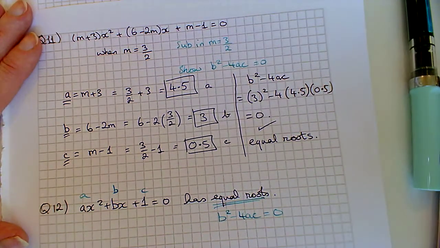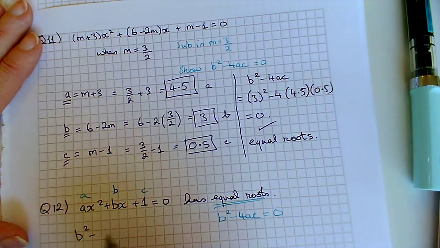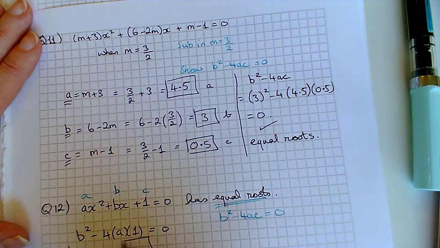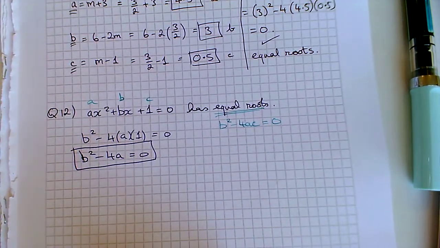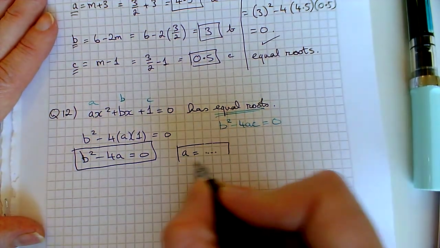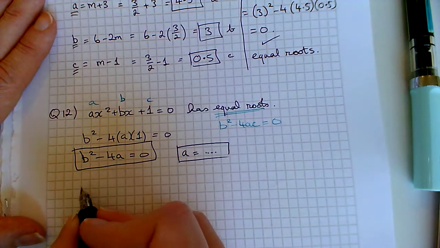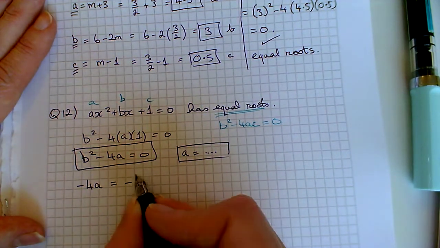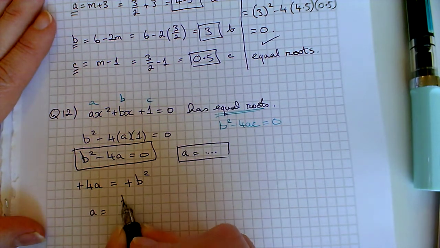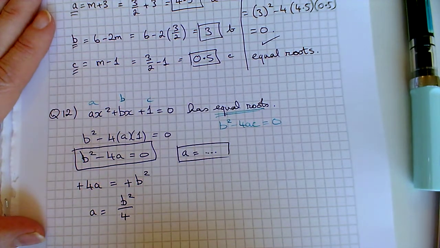So that means that b squared minus 4 by a by 1 is equal to 0. So b squared minus 4a is equal to 0. That's the fact that we have from the equal roots. And they asked us to express a in terms of b. So they want us to write a equals something, manipulating the formula. So we'll have minus 4a is equal to minus b squared. We'll change our signs. A is equal to b squared over 4.